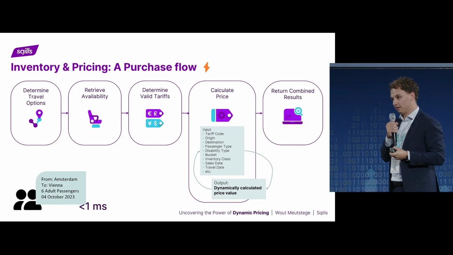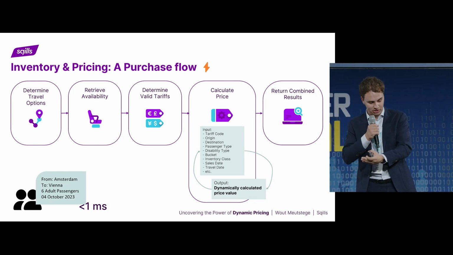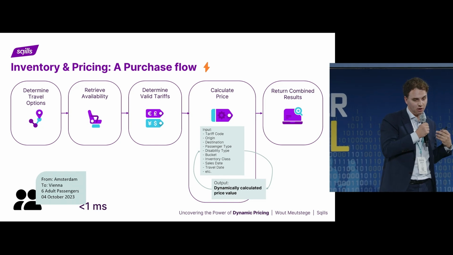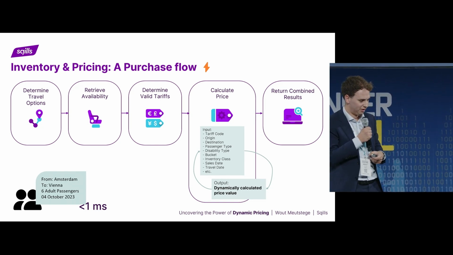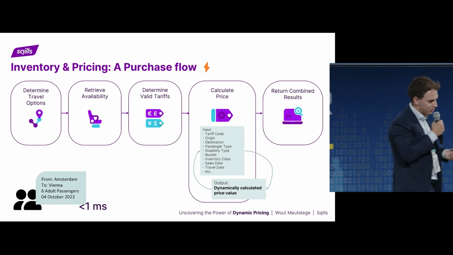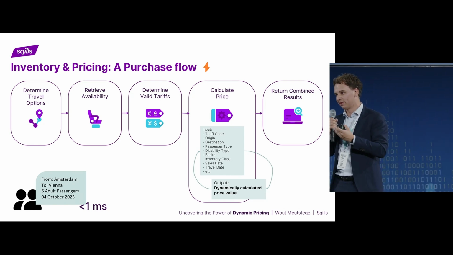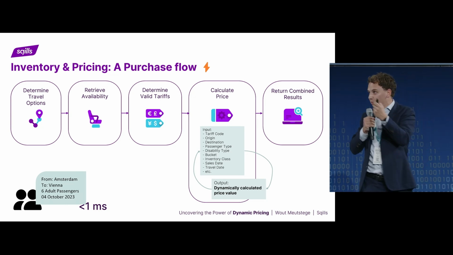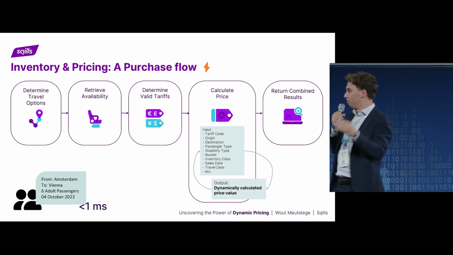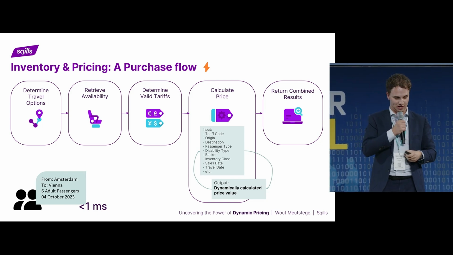Then we have to look at the availability. How many seats do I still have available for sale, and how many seats, for which price level do I want to sell those seats? Then, as I'm an adult passenger, I have to see, okay, which tariffs or which fares am I eligible for? And then we calculate the price based on all of the input parameters that I provide when I'm traveling.